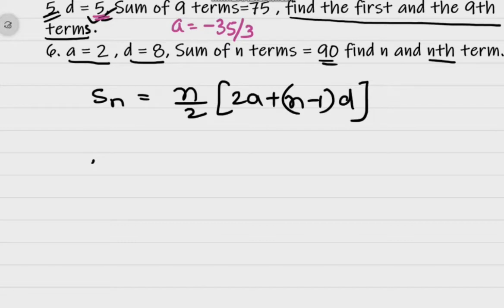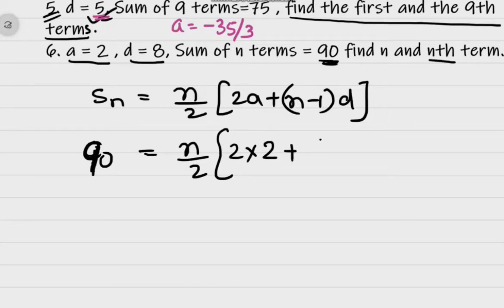Now see, Sn is equal to how much? 90. It is given Sn is equal to 90. You know the value of Sn, the sum of n terms, 90, which is equal to n by 2 into, now you don't know the value of n, so 2, and the value of a is 2, plus n minus 1, and then d is equal to 8. Now simply see what you can do.